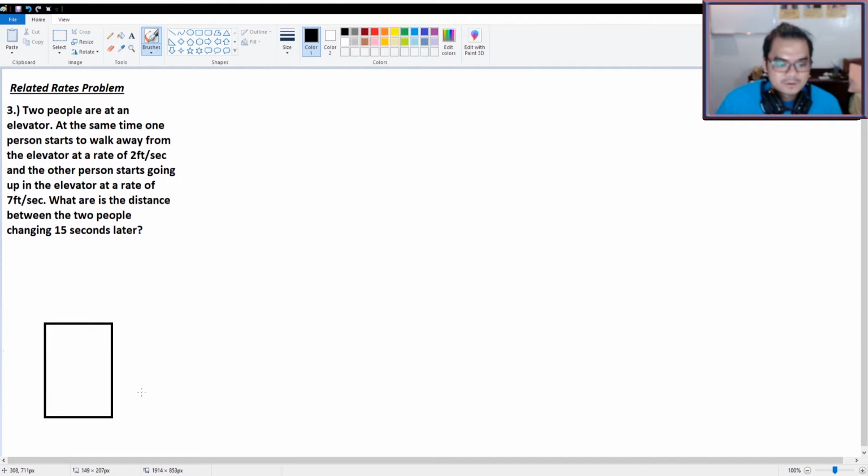Let's just put a ground for your reference. And then there's a person walking away from the elevator, and another person is going up, right?